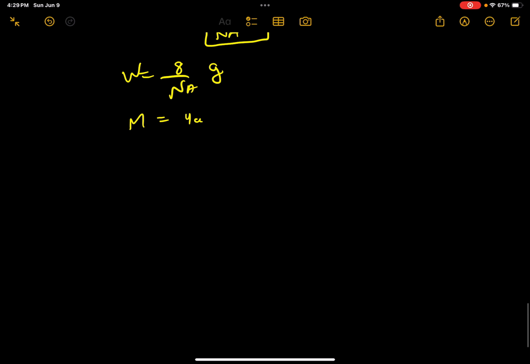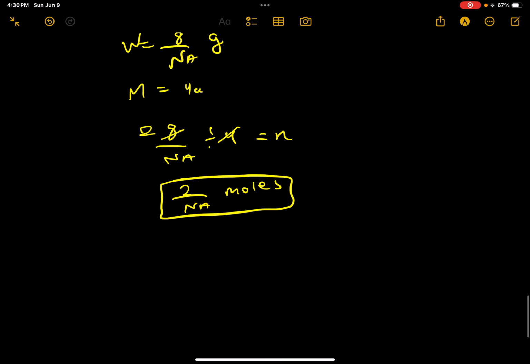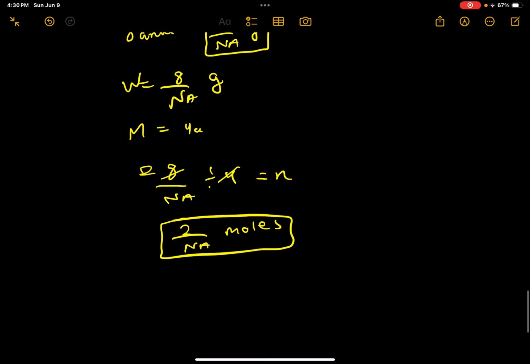So that means 8 upon Na divided by 4 equal to the number of moles, which is equal to 2 upon Na moles. So I skipped a few steps over here, so I'll do them properly. 8 upon Na upon 4, 2 fours are 8, equal to 2 upon Na.